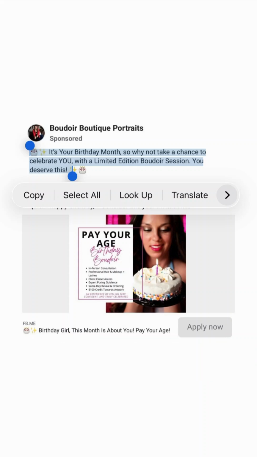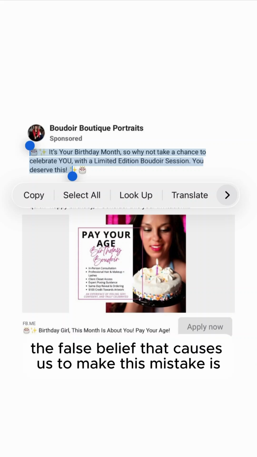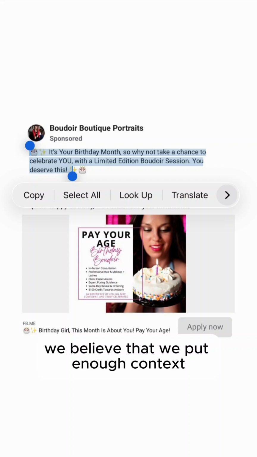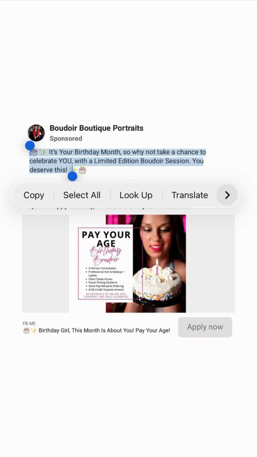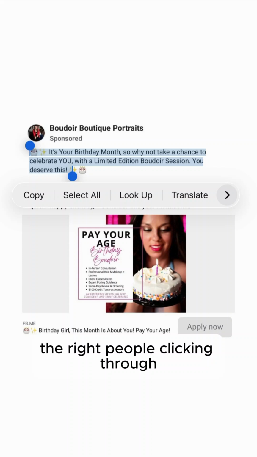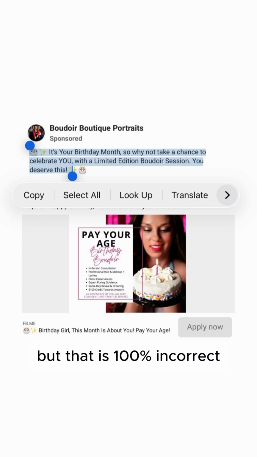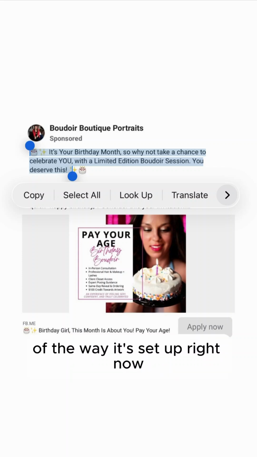The false belief that causes us to make this mistake is we believe that we put enough context to get the right people clicking through and maximize the number of people. But that is 100% incorrect with the way it's set up right now.